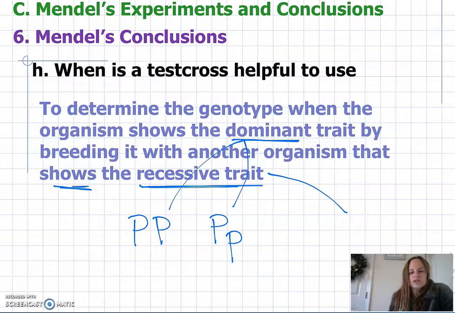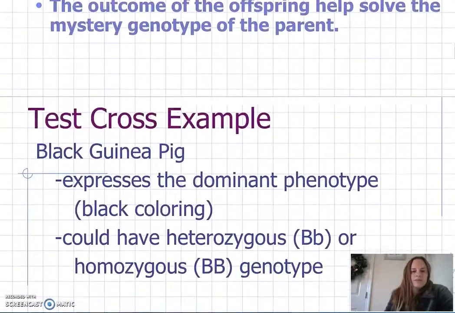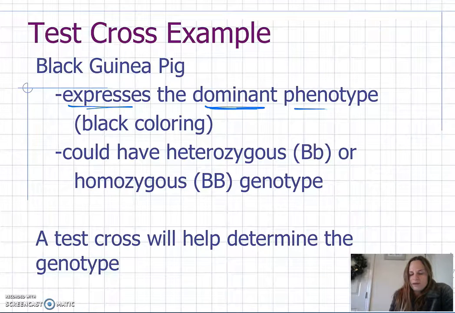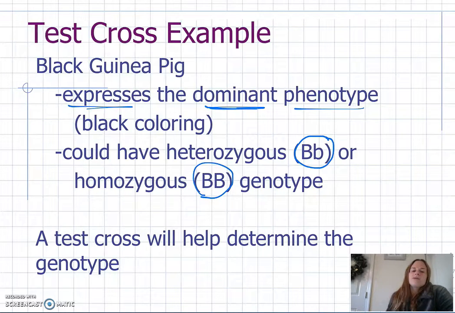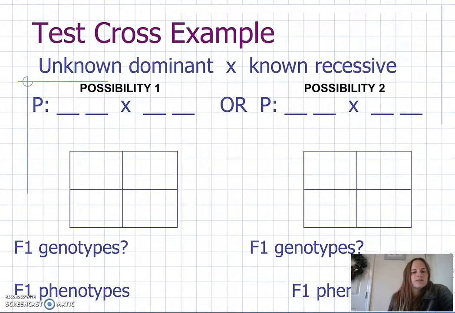If an organism shows the recessive trait, then it has to have the genotype homozygous recessive, meaning it's got two lowercase letters. So for example, if we take a black guinea pig, where the black guinea pig is expressing the dominant phenotype, it could either be heterozygous dominant or homozygous dominant, where the test cross is going to help us determine that genotype. So let's look at how we use the test cross.